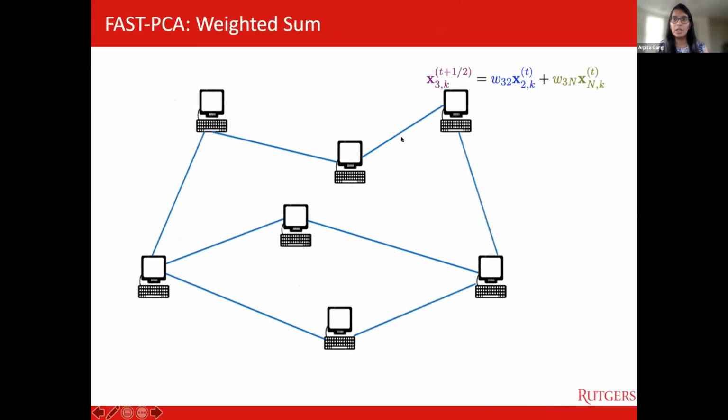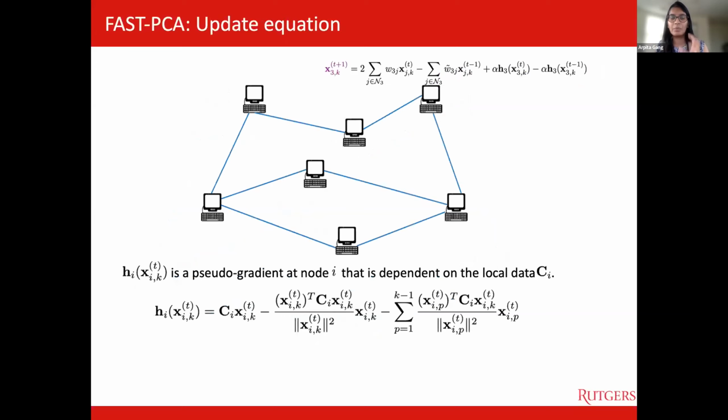The next step is taking a weighted sum of the estimates that we get from our neighbors. I'm showing this only for the third node, but this happens for all the nodes. These weights are decided by the degree of the nodes, so they are pre-calculated weights that come from the degree of the nodes. After this exchange, the update equation.